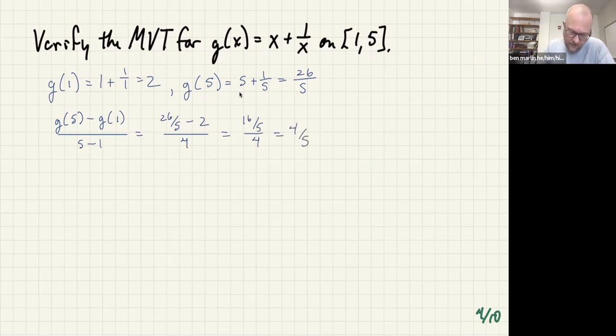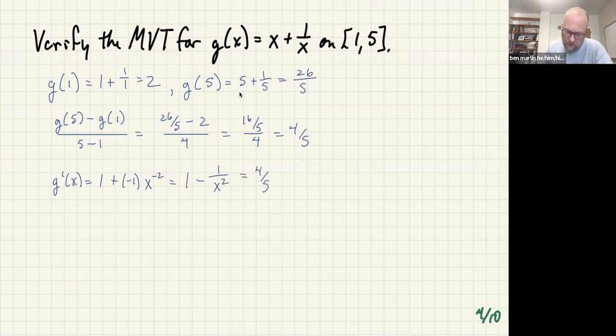Okay. And now our g prime of x that we're going to set equal to that is going to be just 1 plus, now you've got to think of 1 over x as being x to the minus 1 power. And then you can say minus 1 x to the minus 2 power, or in other words, 1 minus 1 over x squared. Okay, so we're going to set that equal to 4 over 5, and then we're going to solve.